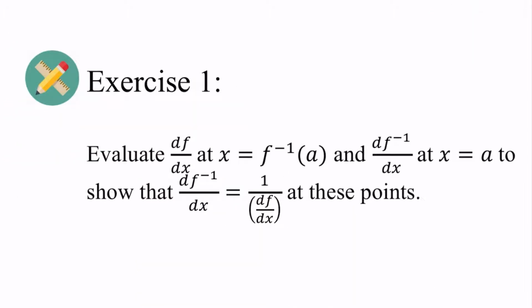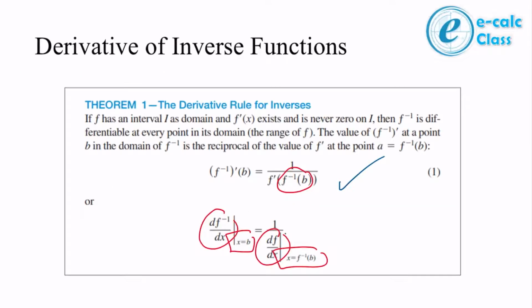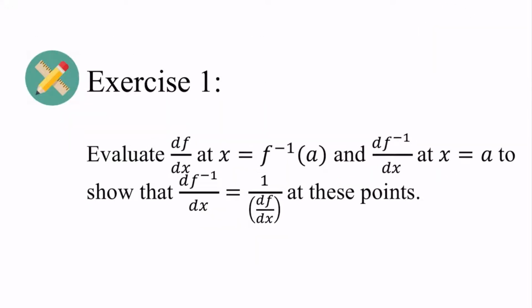Okay, now we'll do a very simple exercise. We need to evaluate df/dx at this point and this one at a to show that, you know what, we are just proving this one, but with specific functions and values. So what we need to do here is, number one, find f inverse of x.